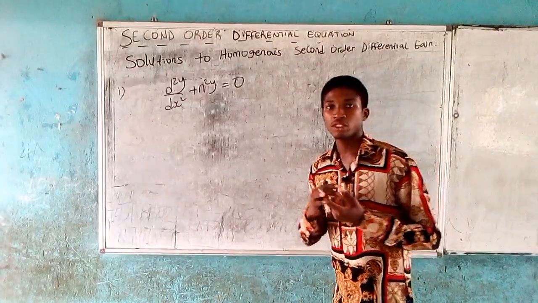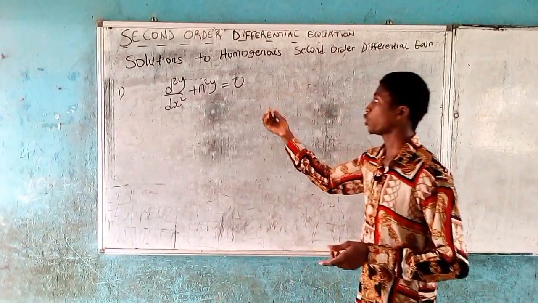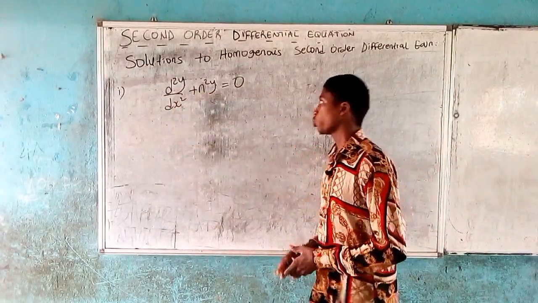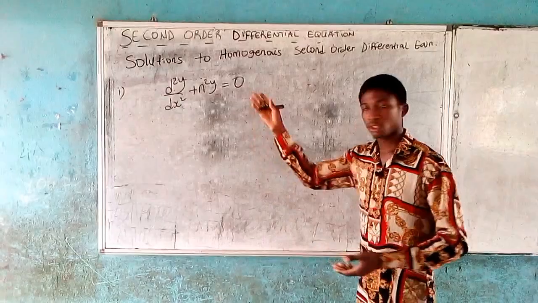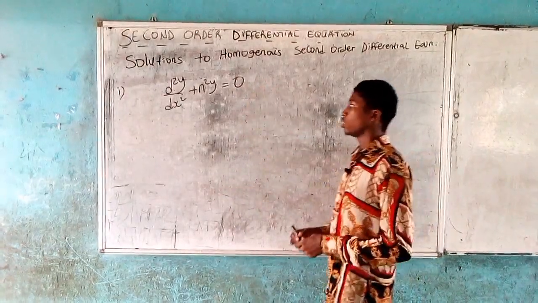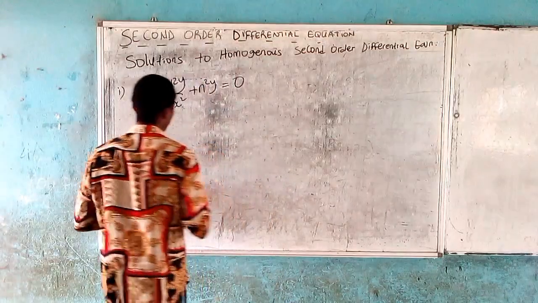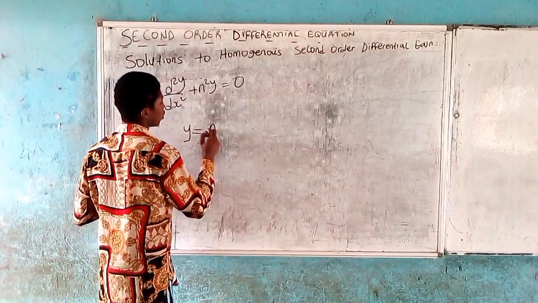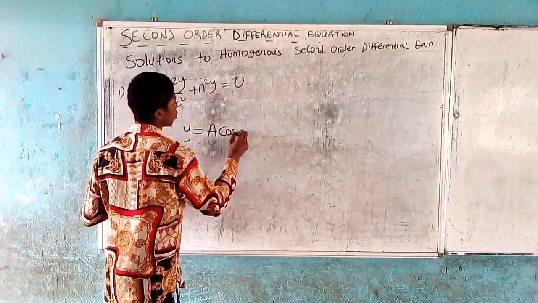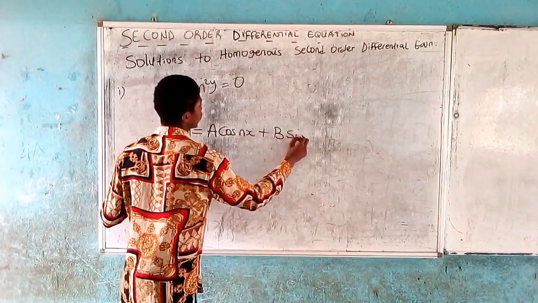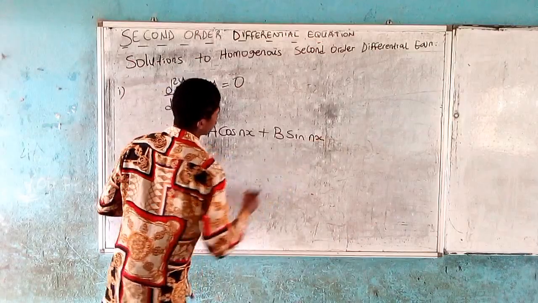Right? Now consider the second order homogeneous equation of the form d squared y over dx squared plus n squared y equals 0. For this kind of equation, the general solution is y equals a cos nx plus b sine nx.